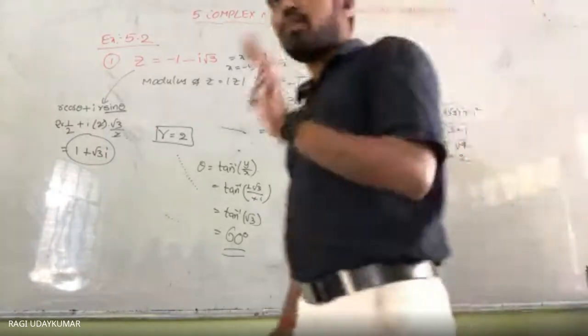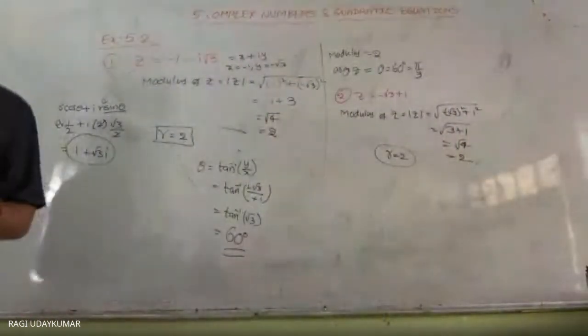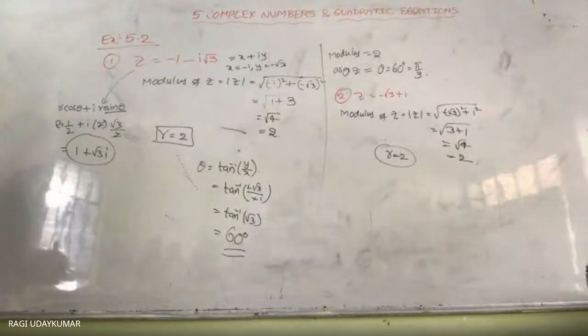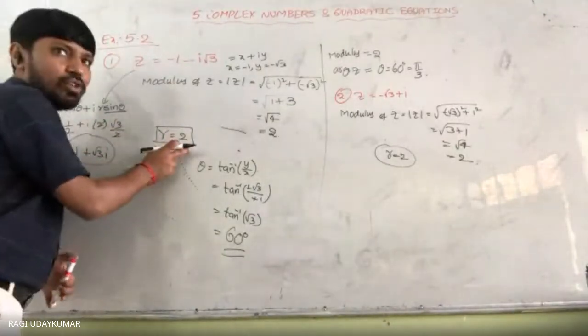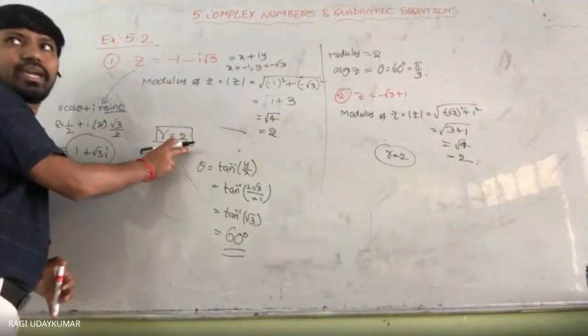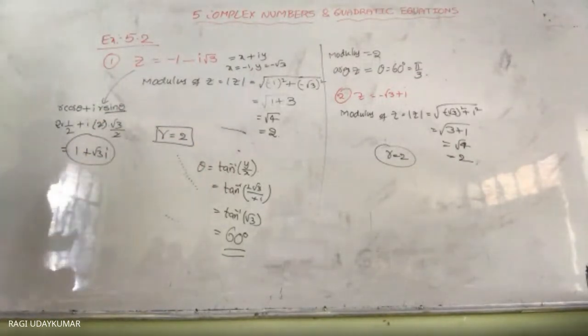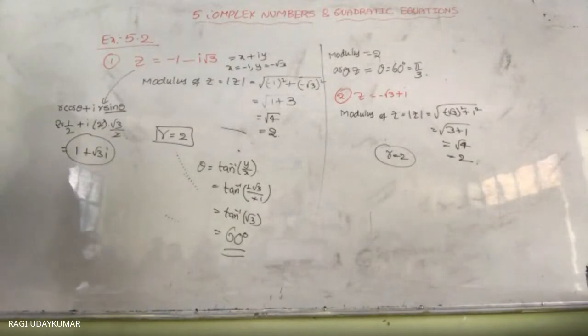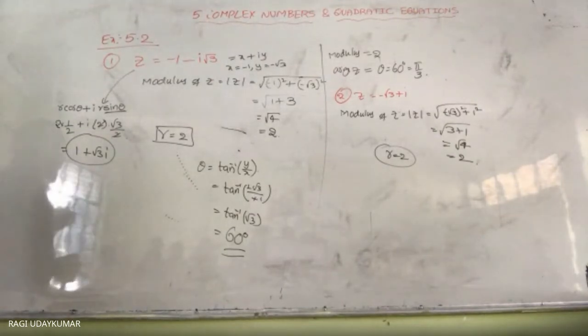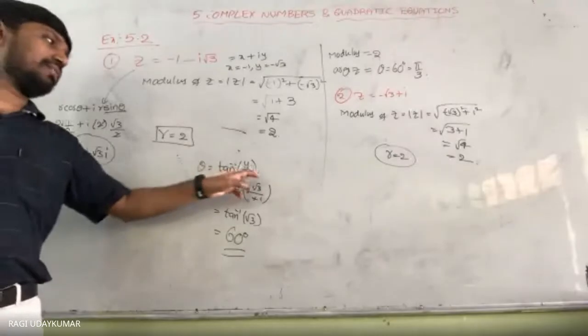Did you understand my question? Actually r is equal to 2, and theta is equal to tan inverse. Whenever you are finding the argument, you have to compare with r cos theta and r sin theta, instead of taking theta equal to tan inverse of y by x.